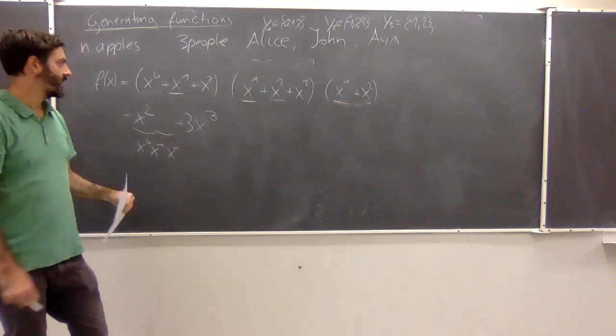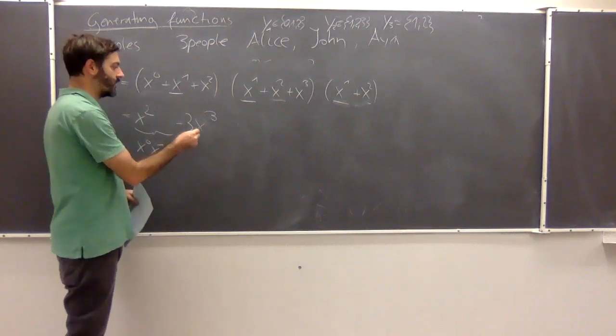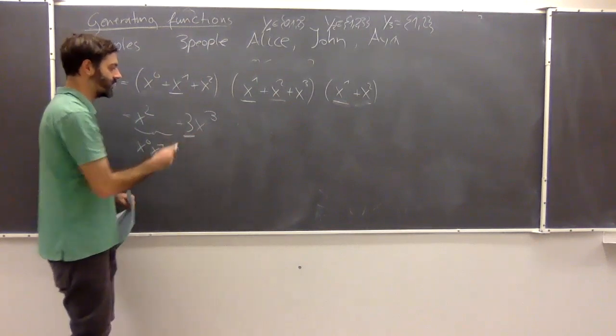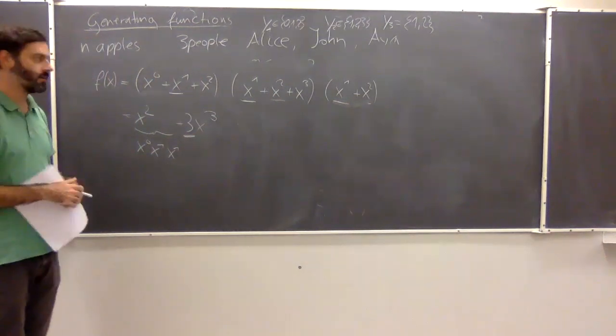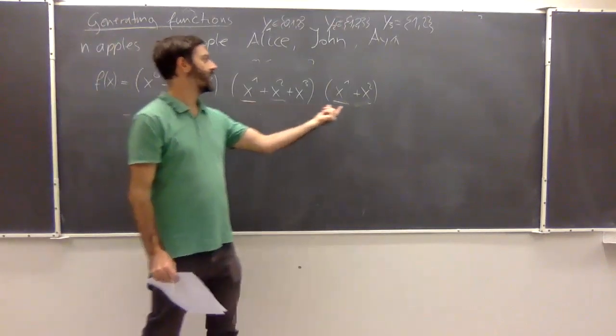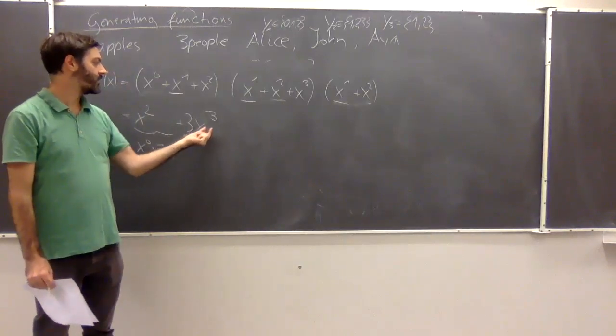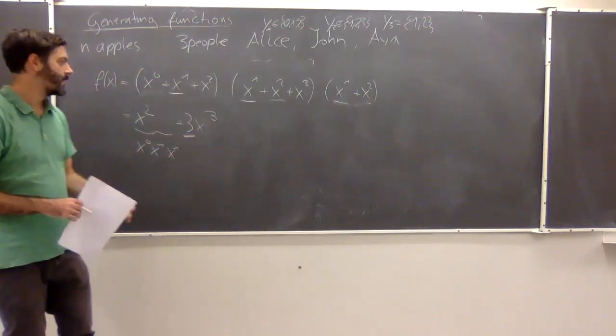And this is really nice, because my coefficient in front of it tells me how many ways there are to choose an x here, an x there, and an x there, such that the powers of them add to 3.